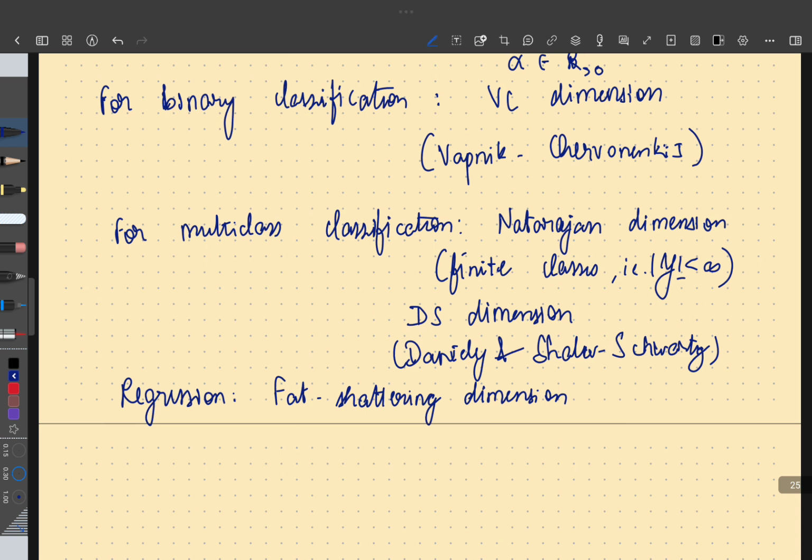So these are all combinatorial quantities that determine whether something is PAC learnable or not.